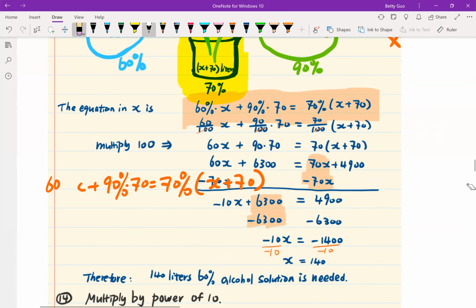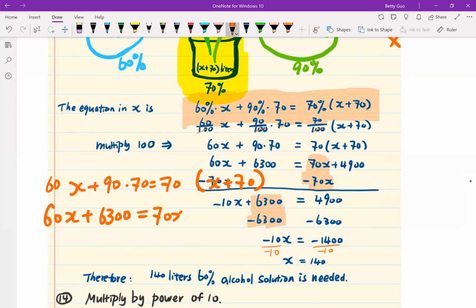So this becomes 60 times x, and here we have 90 times 70, and here we have 70 times parentheses x plus 70. 60x, 90 times 70, 6,300. Right-hand side, distribute: 70x plus 70 times 70, 4,900.